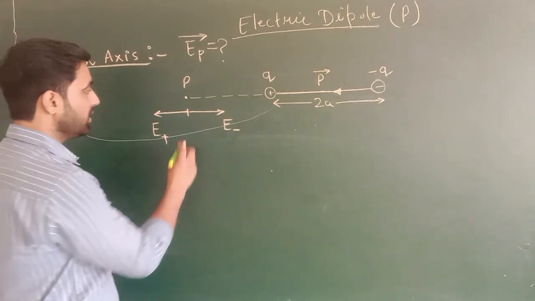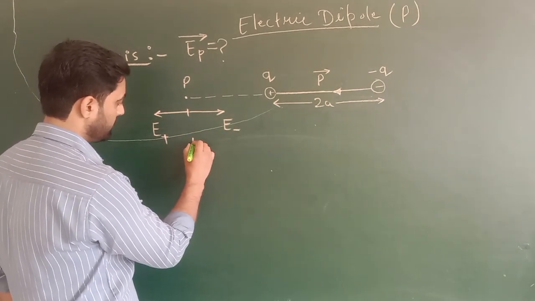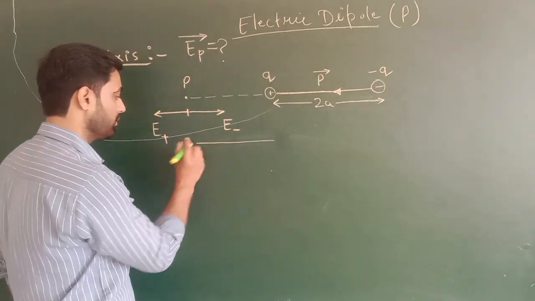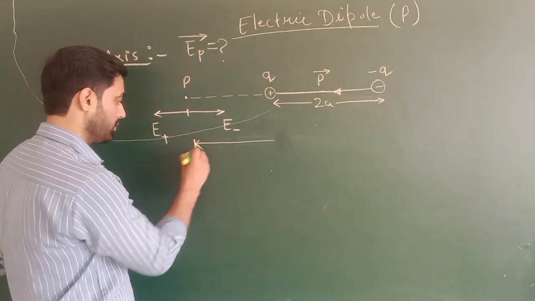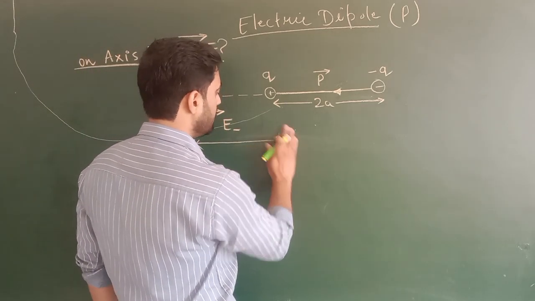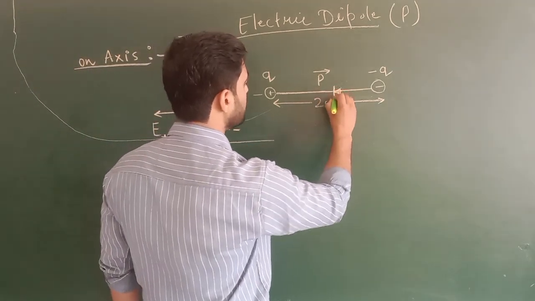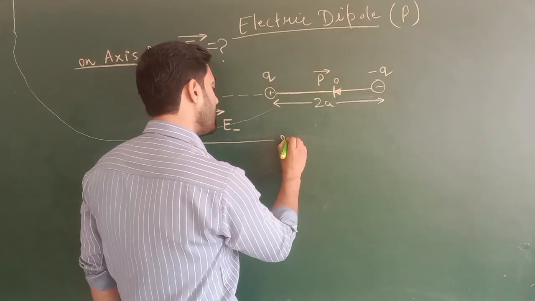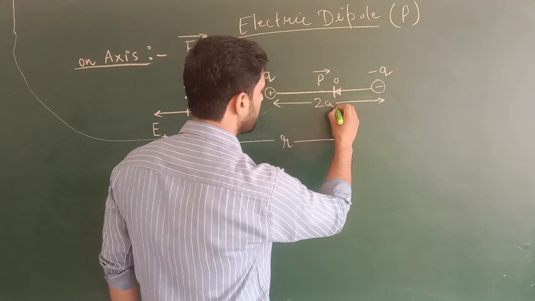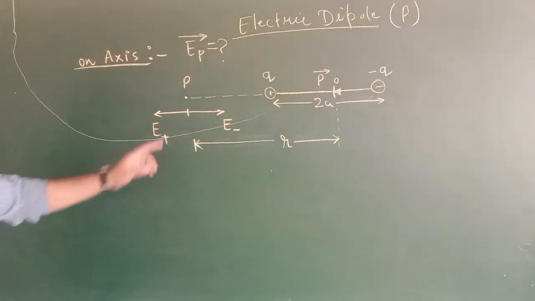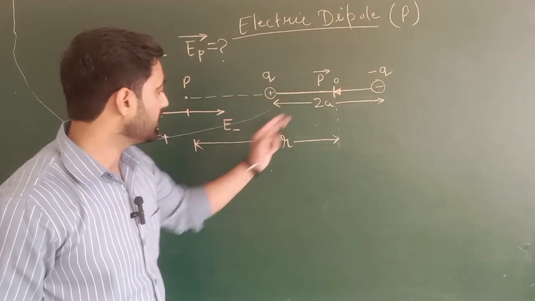Let the distance between point P and the center of dipole, which I am writing as O, be R.